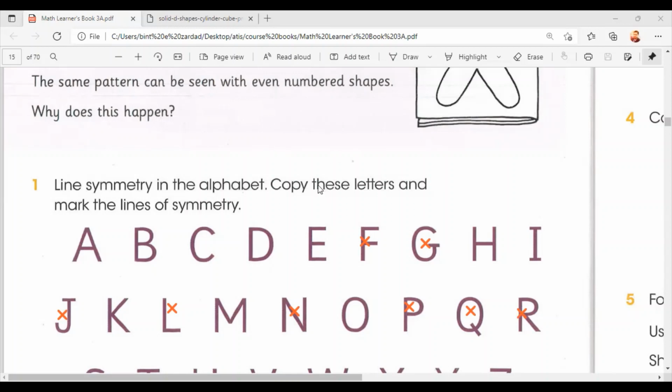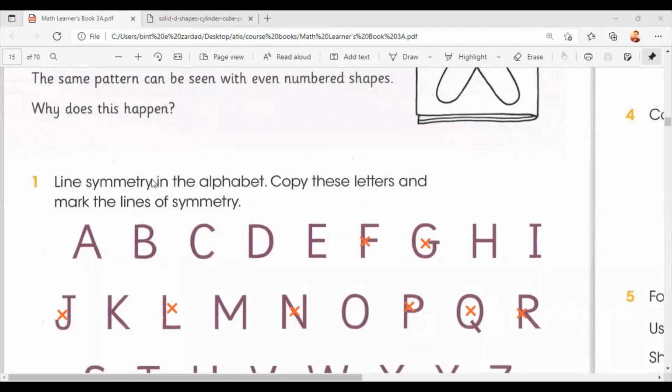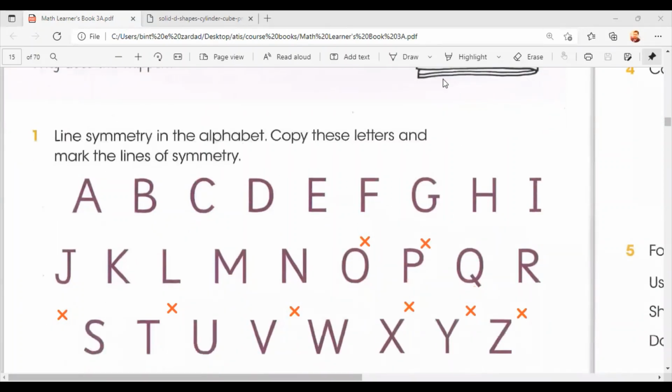I need to do it again. Q, P, not possible, L, no, J, no, F, G. Okay, after this S, not possible.